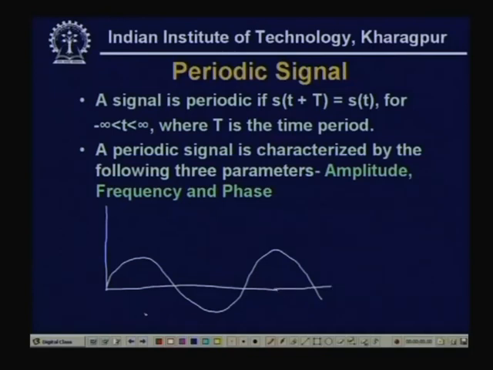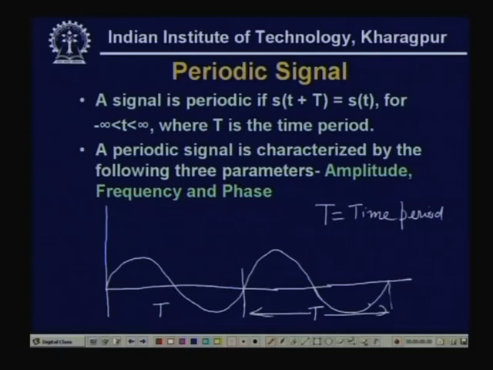Now, this sine wave is repeating, as you can see, after this time. This time T is known as the time period. T is equal to the time period. That means after time T, the signal will be the same as the previous portion. The same thing, this part will be repeated here. So, this is another T.